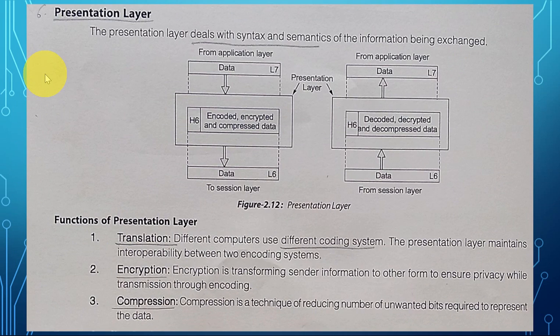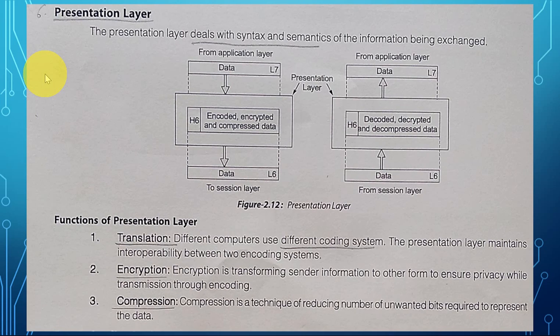Next one is the presentation layer. The presentation layer is responsible for the syntax and semantics of the information being exchanged. Its functions are translation, encryption and compression of the data.